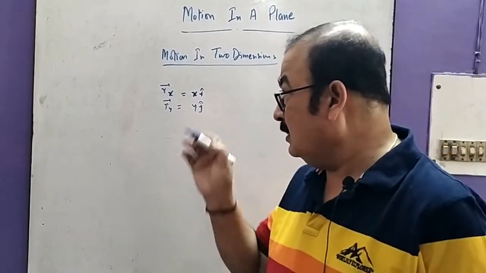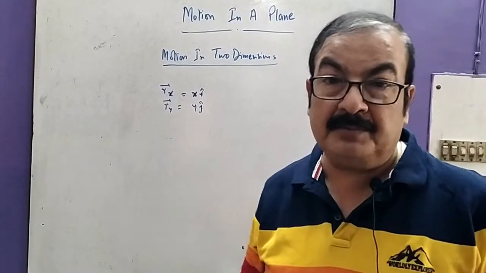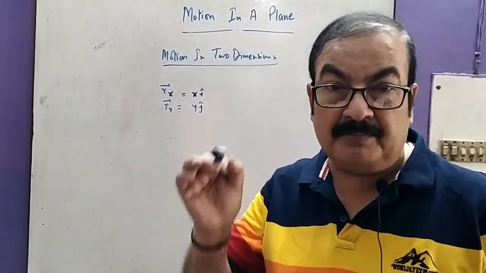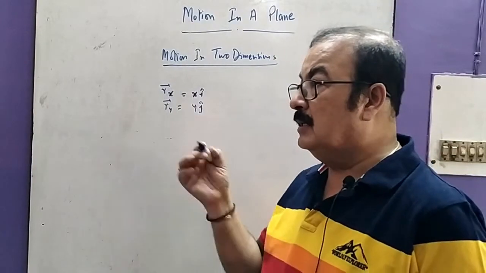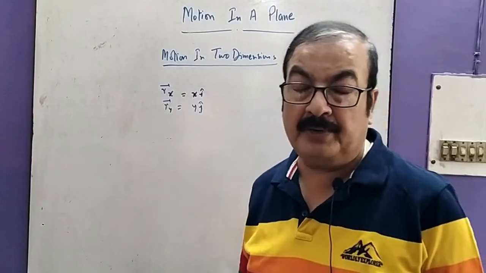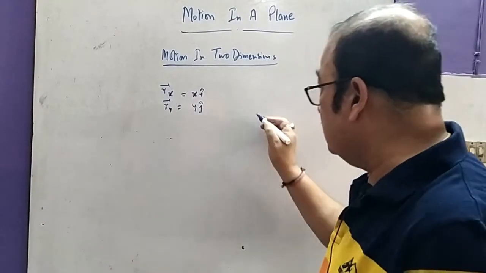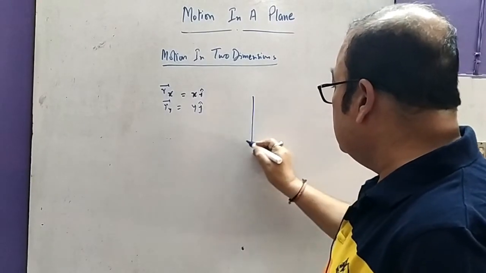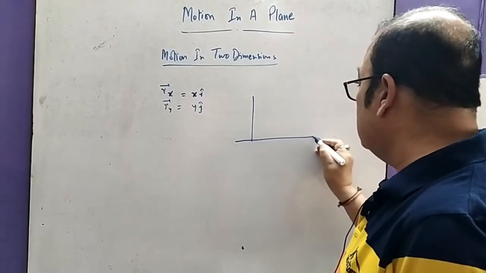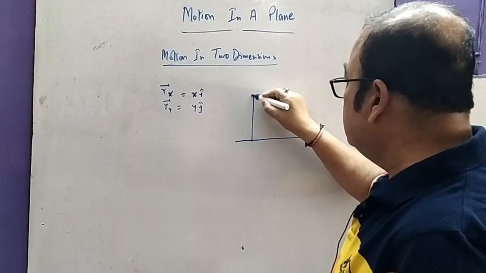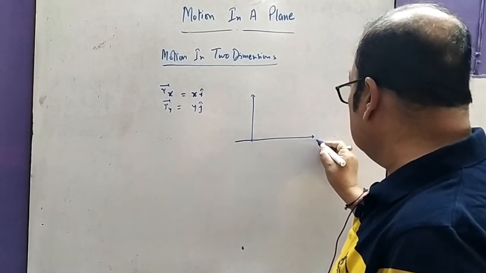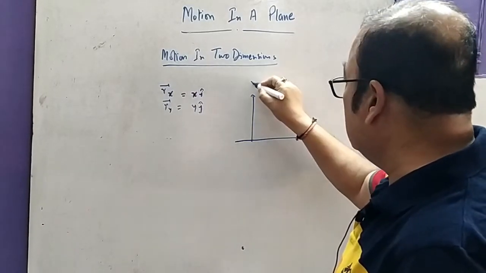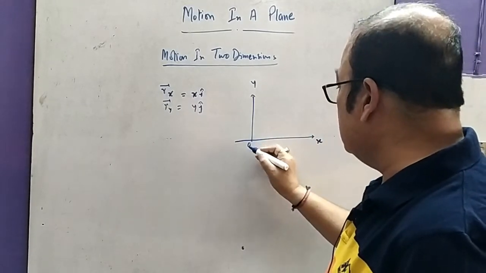Then at any particular time t, if we want to know the position vector of any object, suppose we are considering these two axes, one along the x-axis, one along the y-axis, and this is the origin.